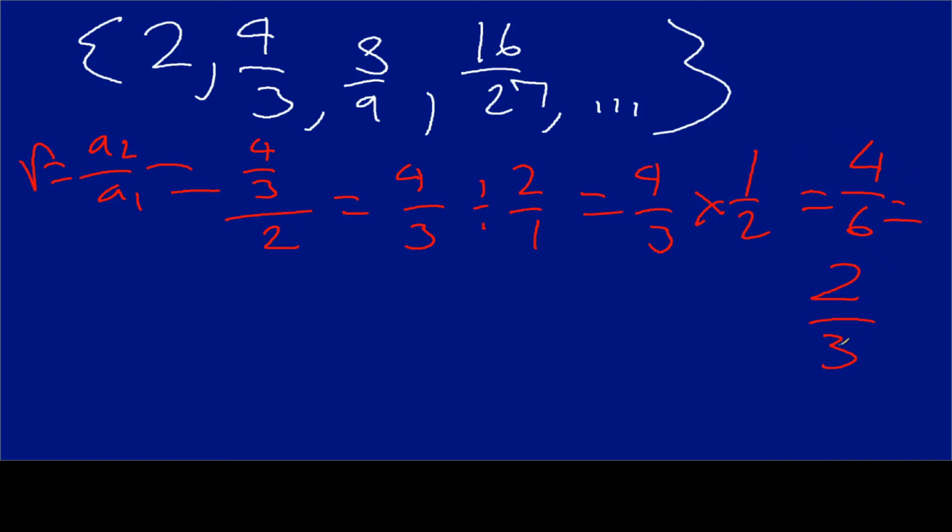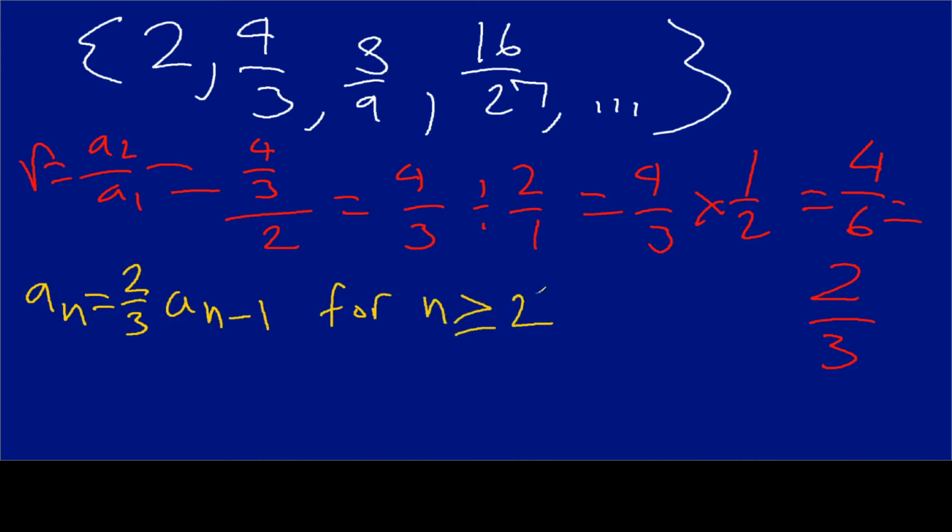If I had to write my final formula for this recursive one, it will be as follows. We got a sub n equals 2 over 3 times a sub n minus 1 for when n is greater than or equal to 2.